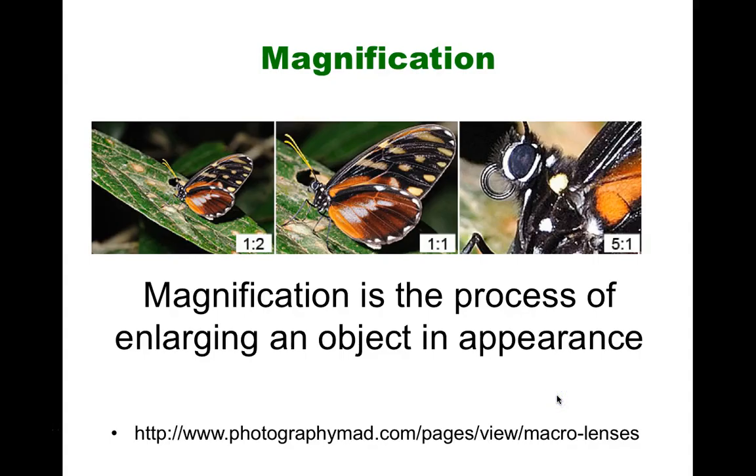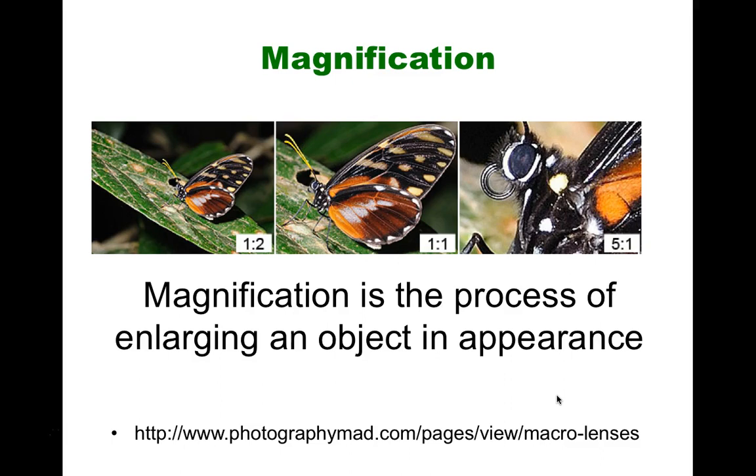So here we have an example of magnification. Notice that when we're magnifying something, we're increasing essentially the image and getting closer and closer. Every time we zero in and enlarge an image, the resolving power is going to be critically important. So it's not enough that we just enlarge the image.